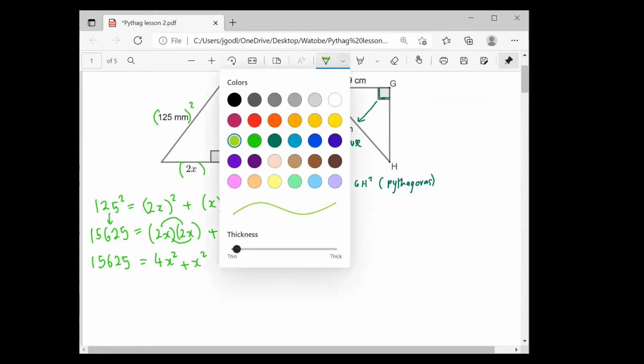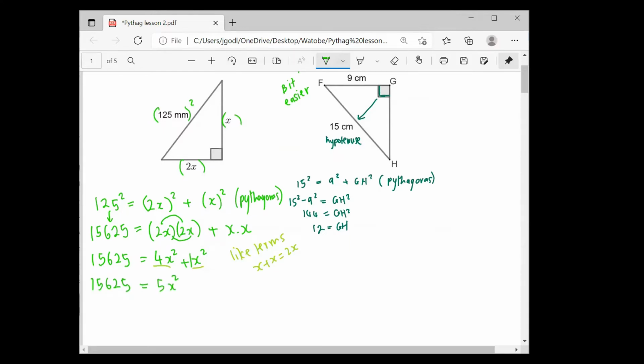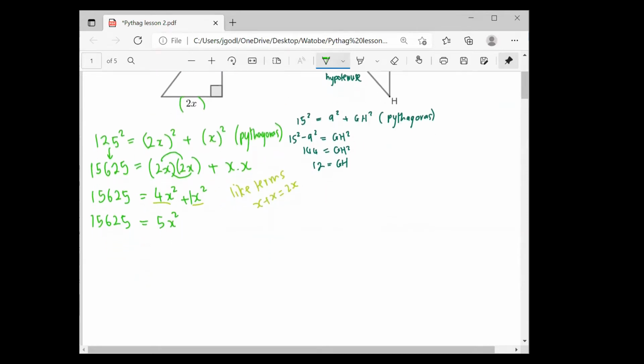Now, because these are both x squareds, that makes them like terms. So the same way I can say x plus x is 2x, I'm allowed to add those two because they are like terms. So 15625 is equal to 4 plus 1, which gives me 5x squared. Now we're trying to get x to be alone. So our next step here is we want to divide both sides by 5 so that x squared can be alone over there.